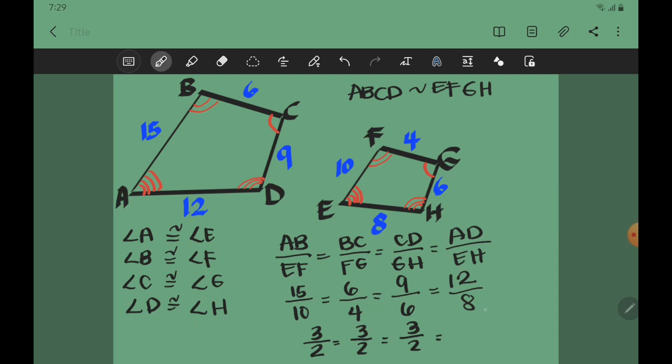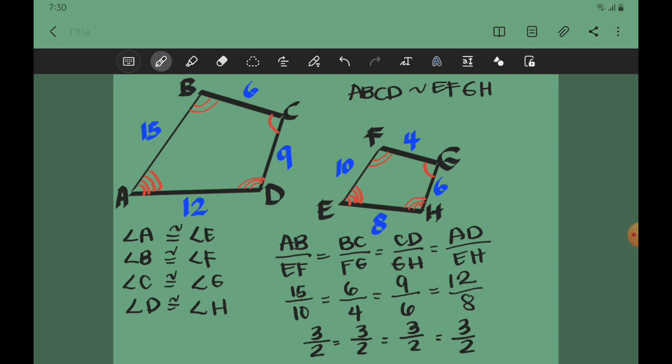And then 12/8, that is also 3/2. So obviously, they have this 3/2 as their common ratio. And this is what we call the scale factor. So since pare-pareha sila ng ratio or ng scale factor, meaning they are proportional. So we can say that quadrilateral ABCD is similar to quadrilateral EFGH.